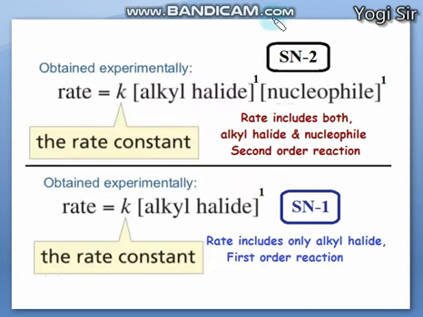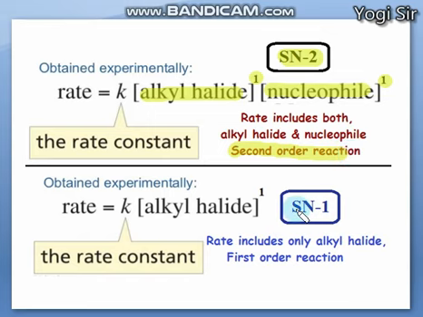Here you can see that the SN2 mechanism which we have discussed previously depends on both alkyl halide as well as nucleophile. You can see each is raised to the power 1, meaning it depends on both. So overall it is a second order reaction, or it follows second order kinetics.